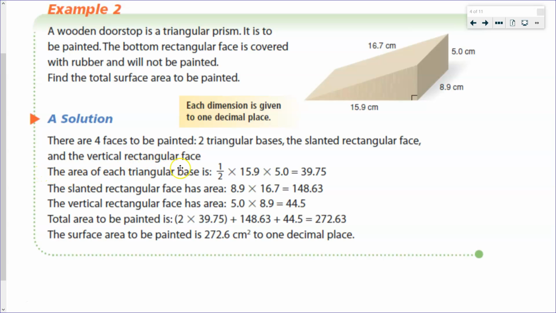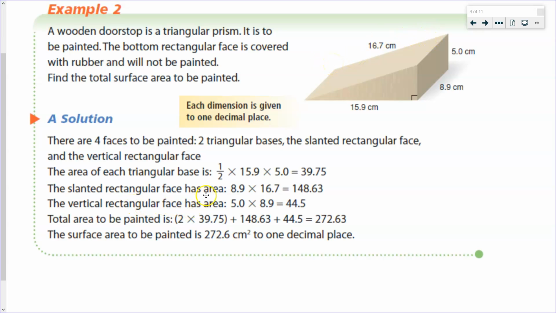The area of each triangular base is 1/2 base times height, so 1/2 of the base, which is 15.9, times the height, which is 5, given over here, which is 39.75. The slanted rectangular face, so that's this here, area is 8.9, that's this side here, right, because that's the same as up here, times 16.7.